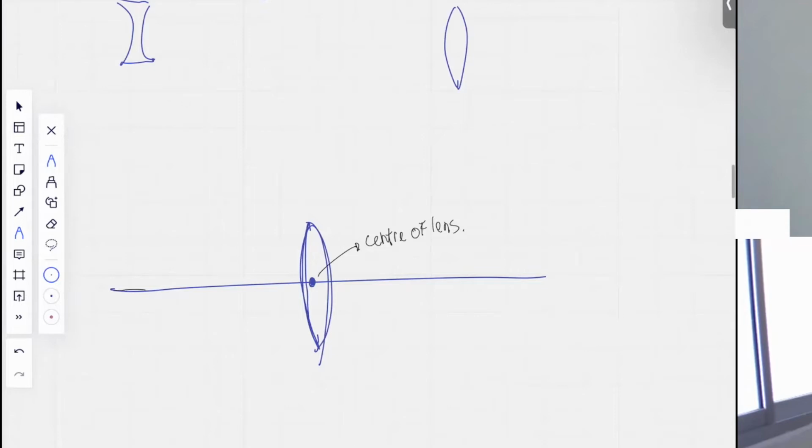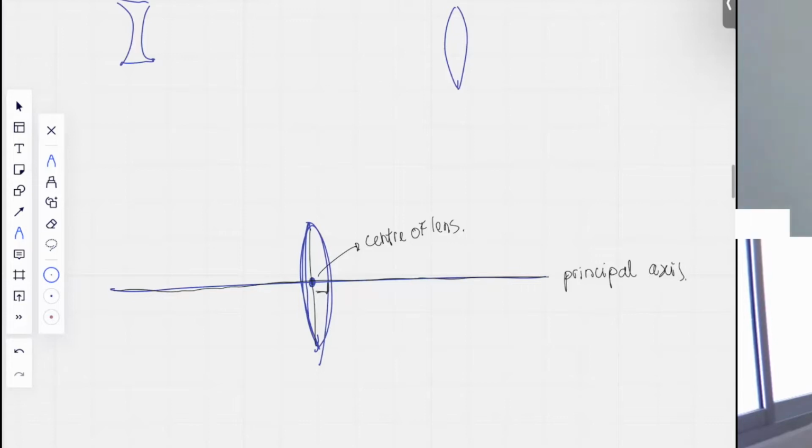Then you have an imaginary line like this. This line is perpendicular to the lens. This line is called the principal axis.